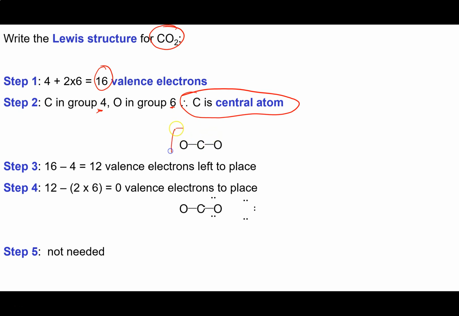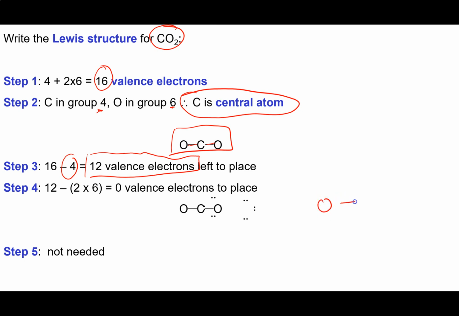So I draw out my basic arrangement of atoms, and then I connect my outer atoms to my central atom with single bonds. Each of the single bonds requires 2 electrons, so I have to subtract 4 electrons from my total of 16, leaving behind 12 valence electrons to finish everything else off.